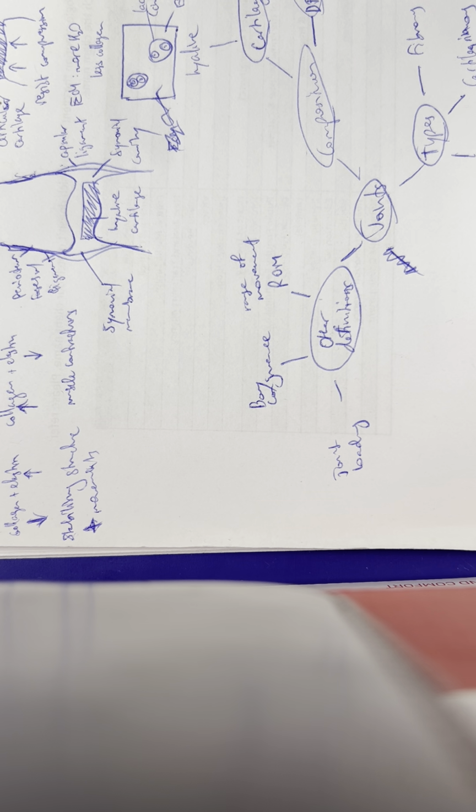You have joints where there's not a lot of movement because it's really stable. You have joints where you can move around a lot because there's not a lot holding the joint or making it more stable. Ultimately, range of movement is determined by the structure of the joint.